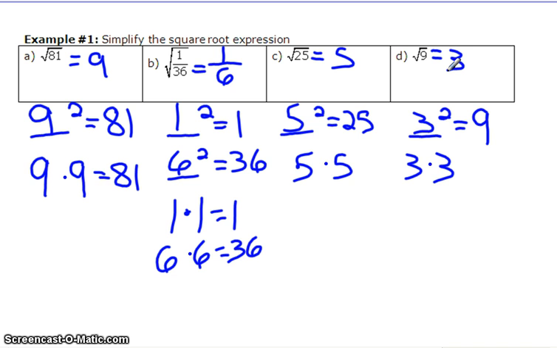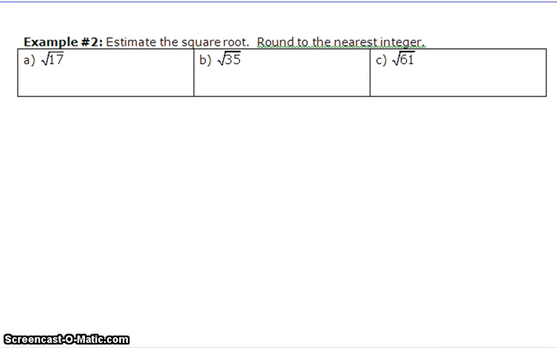We can also use what we just learned to estimate square roots. Now when you're estimating square roots without a calculator, you need to think about the numbers you have and think about perfect squares. I have 17. If I think about my first example, I know that 4 squared equals 16. That's close to 17, but 17 is bigger.